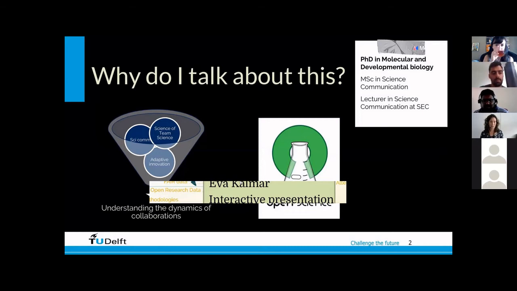I'm interested in how the different kinds of collaborations are working, and mainly in the dynamics of scientific collaborations, and also how scientists work together with non-scientists, also from the field of making decisions. So how decision makers and politicians are involved in scientific research, how other organizations are involved, and also citizens.